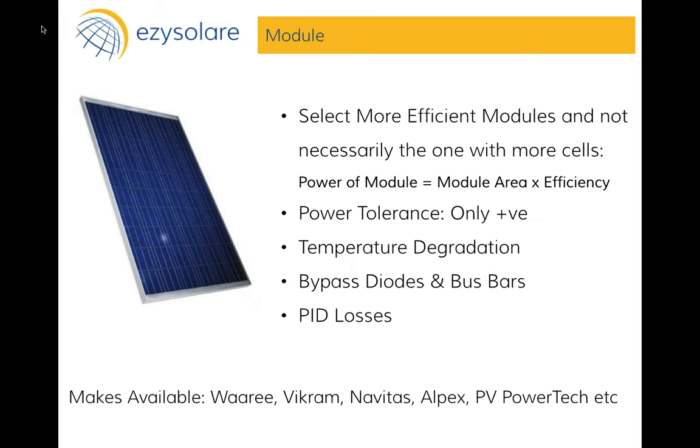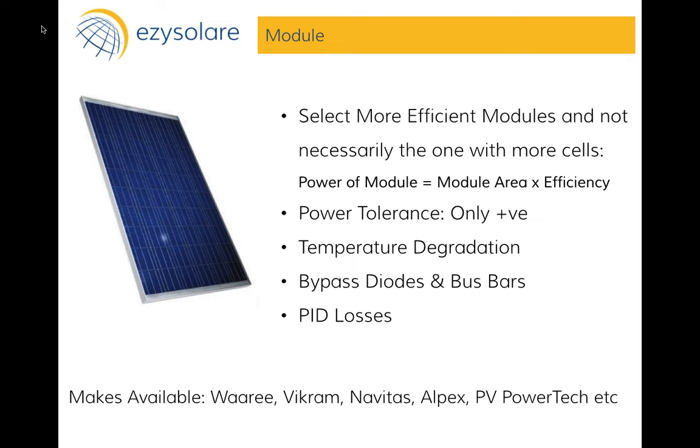Anybody who has a little bit of engineering background in solar will understand that that is not the case. For those who don't know, the size of the panel is of little consequence. The efficiency of the panel is what matters.